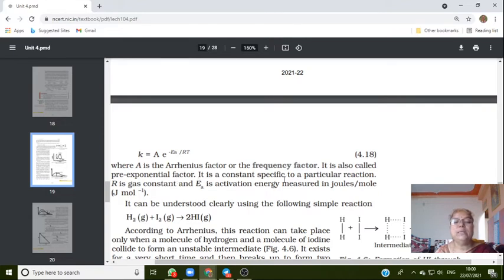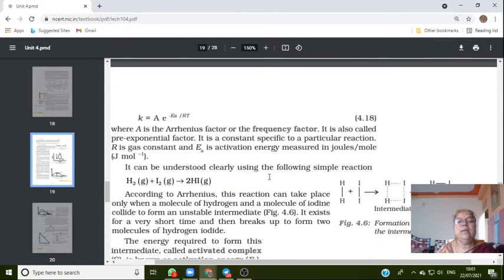It is a constant specific to a particular reaction, and R is the gas constant. Ea is the activation energy, measured in joules per mole, that is J mol^-1. It can be understood clearly using the following example.